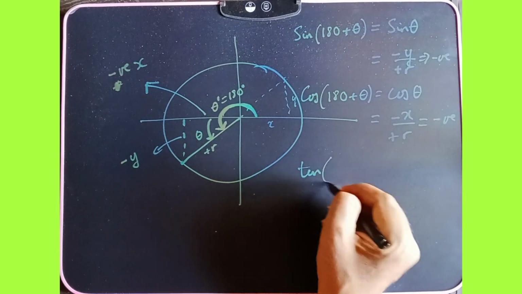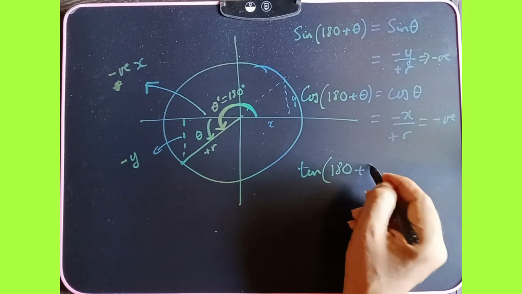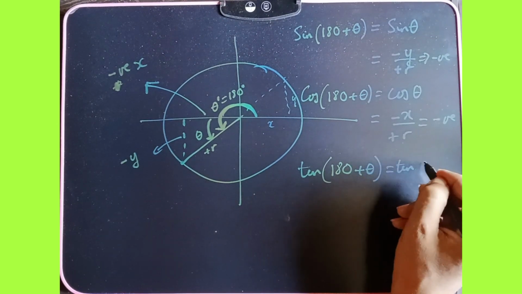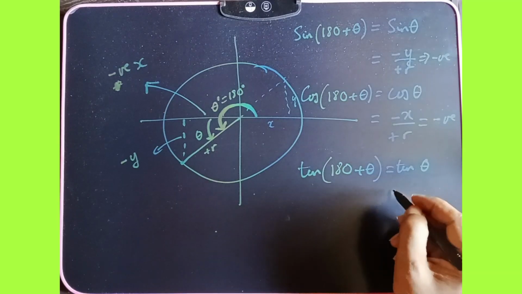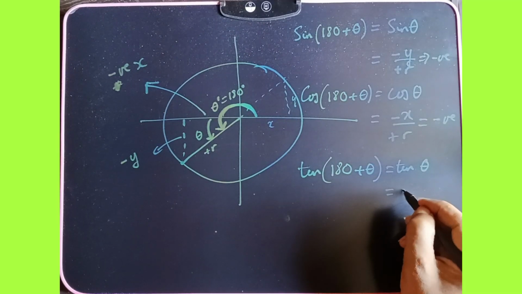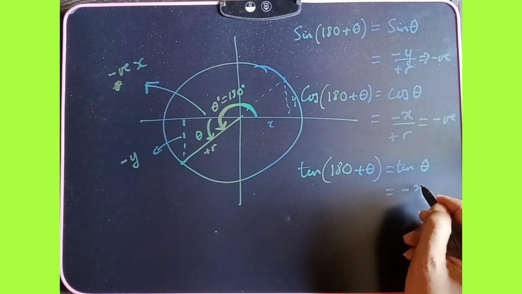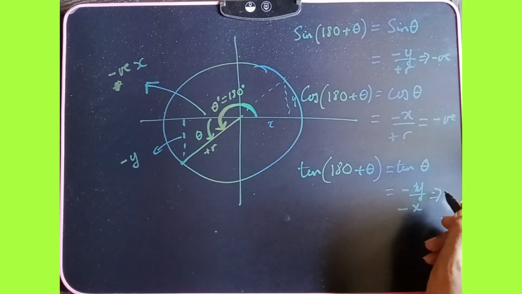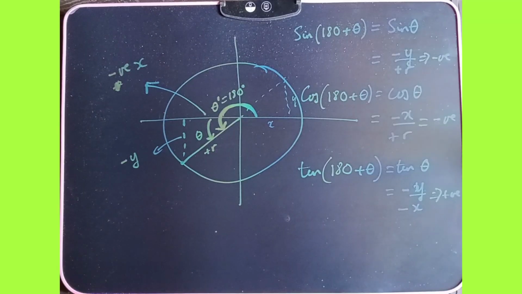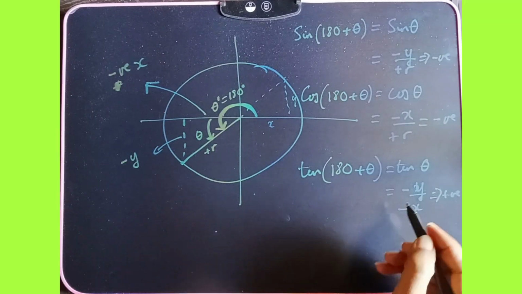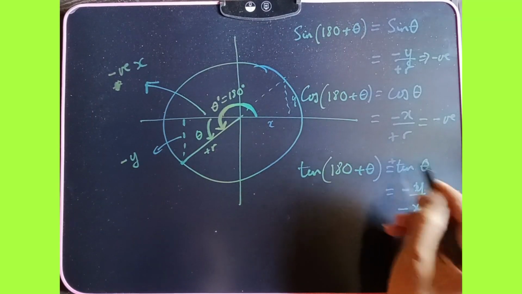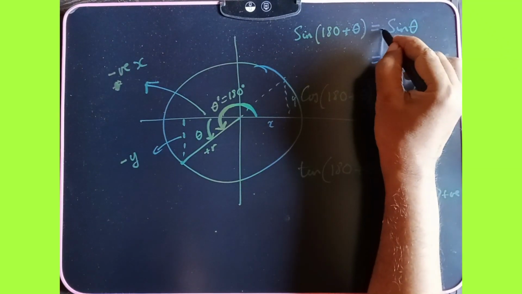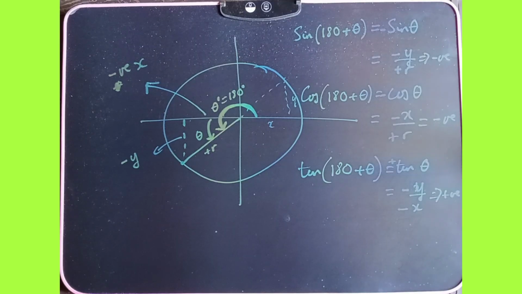Now tan of 180 plus theta is tan theta. We can write it as minus y divided by minus x. This turned out to be positive. So the value should be positive tan theta, negative cos theta and negative sin theta. This is how we are supposed to represent.